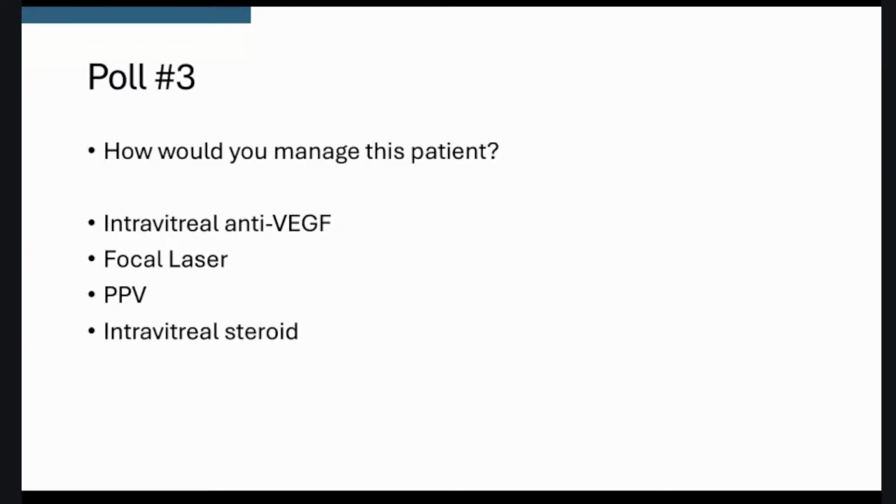And so we'll pull up our last poll just to get an idea how you would manage this patient. And those are the only options. So the options are intravitreal anti-VEGF, focal laser, pars plana vitrectomy, or intravitreal steroid.